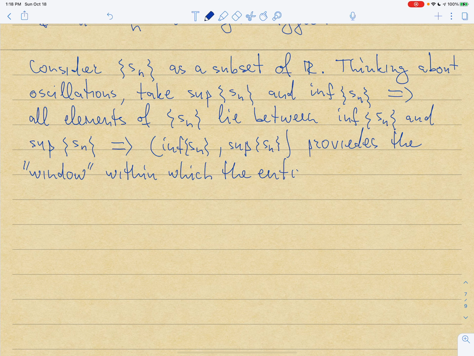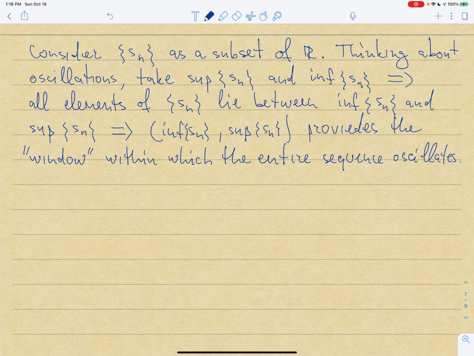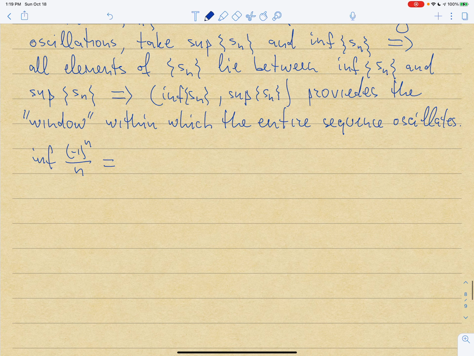So in this example, the infimum of (-1)^n over n, we need to determine that, and also the supremum of (-1)^n over n.